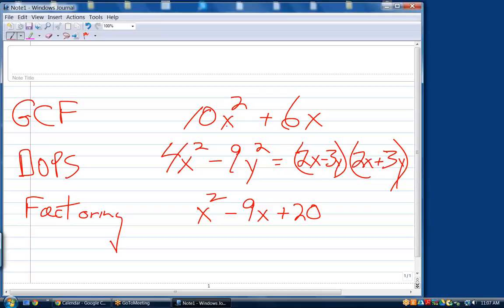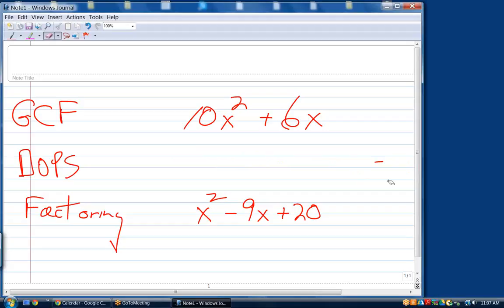I mean, it's easy to do greatest common factor. It's easy to do perfect squares. All right. Where it gets different is when you get into the factoring where it's a quadratic with three terms. It has an x squared term, it has an x term, and it has a constant.